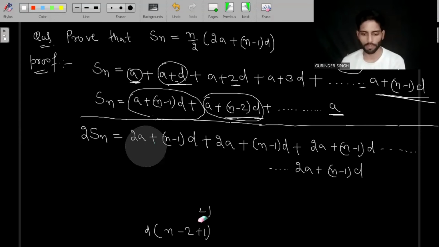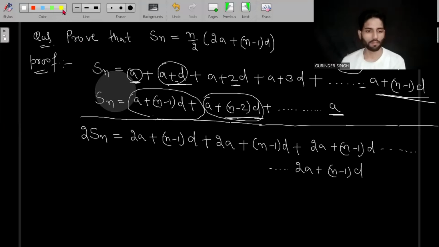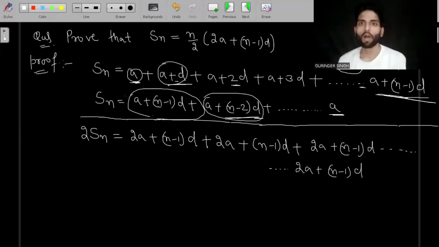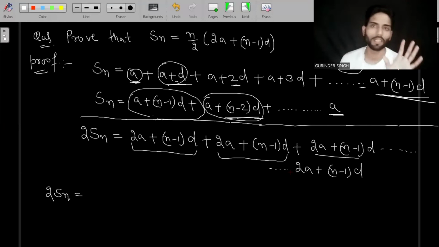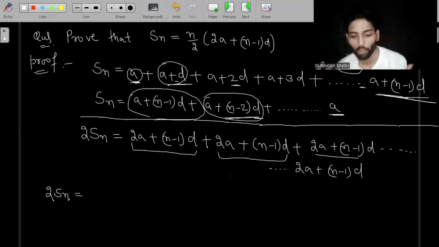Okay, now 2Sn is equal to, this thing is the same in all the terms. Now let me take 2a plus (n minus 1) into d common.